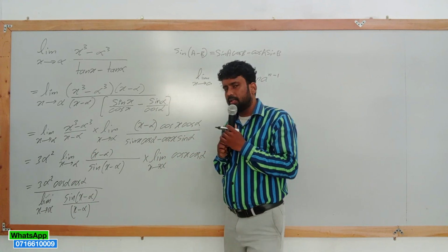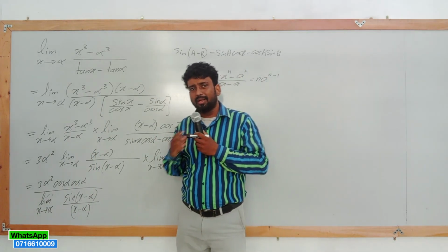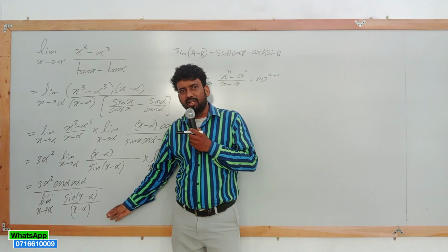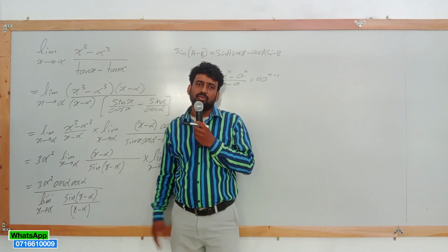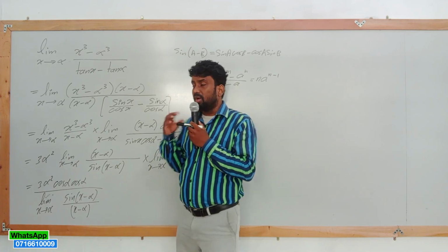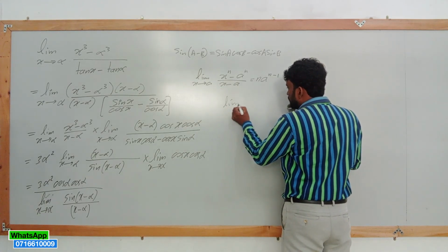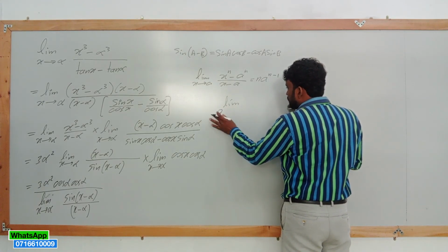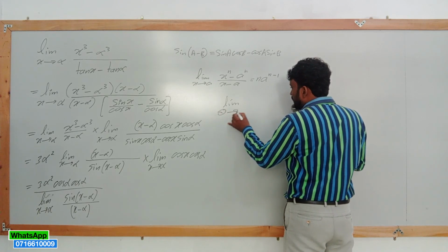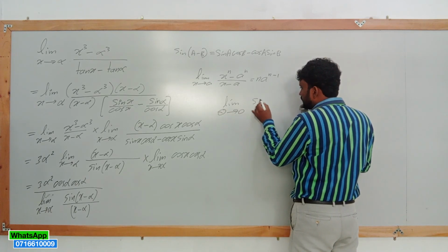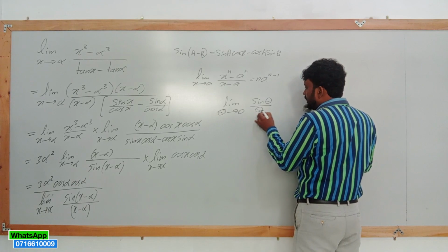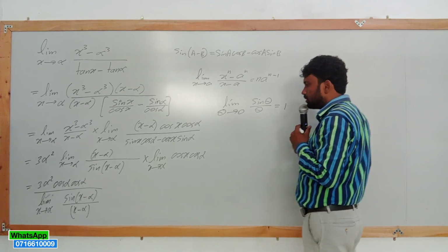right? Some students take this one as 1, right? You can't take this one as 1. Why? You have only this theory, no? Limit theta goes to 0, sin theta divided by theta equals 1, right?